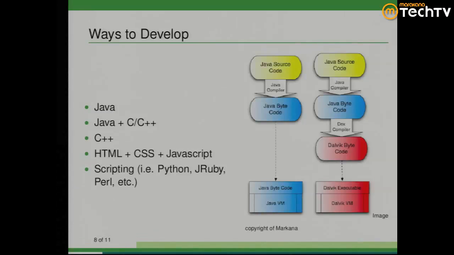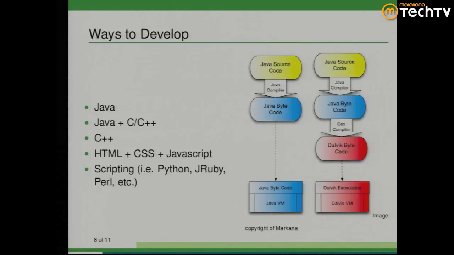Then you can actually write applications in HTML, CSS, and JavaScript using a web view. You're not going to get as good performance, obviously, as native code, but maybe you don't need that. Maybe that's the quickest way for you to get an app up or port what you already have. And then lastly, there's also community support for scripting languages.